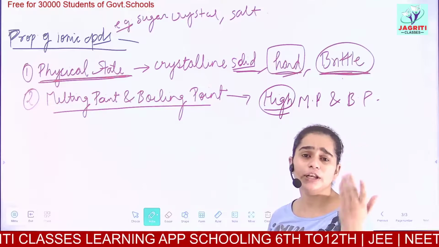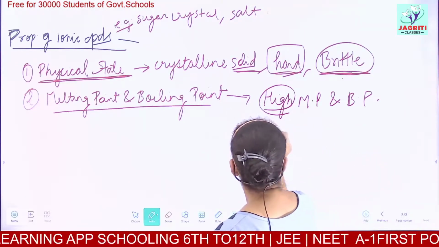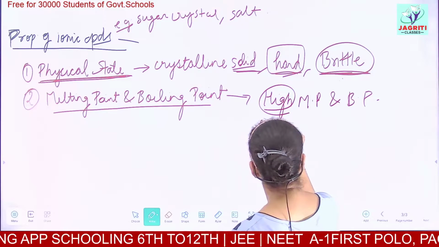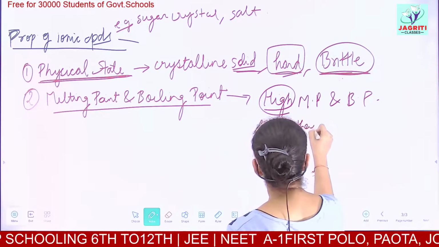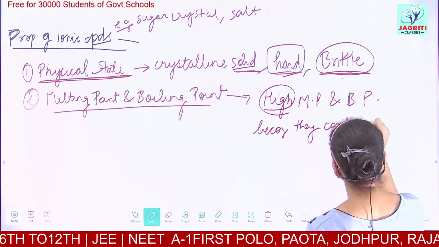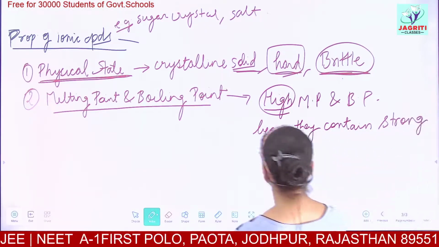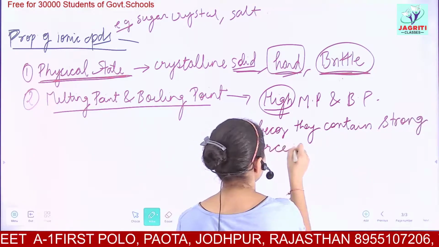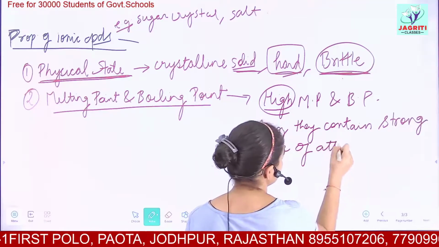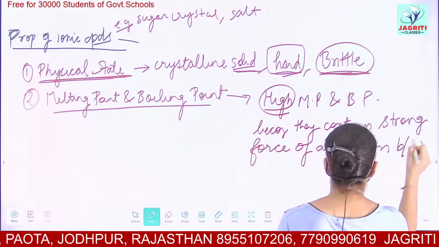Their melting and boiling points are high because they require more energy. Why is the value higher? Because ionic compounds contain strong forces of attraction between their particles.